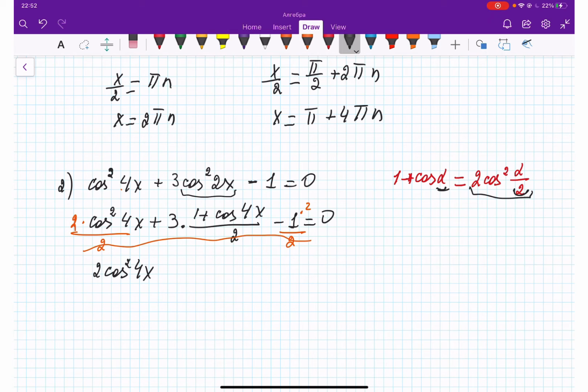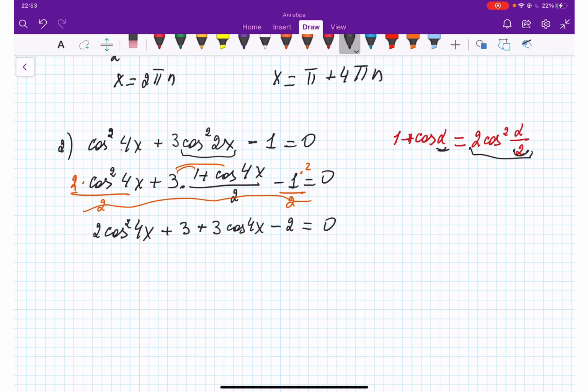And that is equal to cosine squared 4x plus 3 plus 3 cosine 4x. I might as well distribute it. 3 times 1 and 3 times cosine 4x. Yes, and minus 2 equals 0.